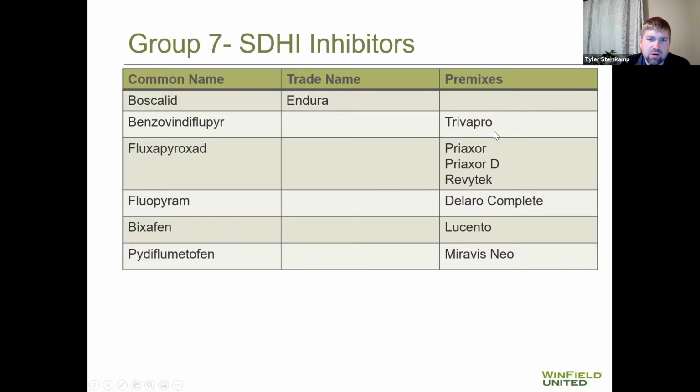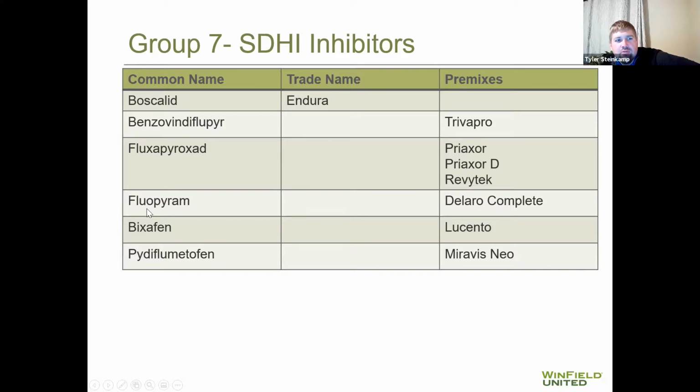You got Trivapro, Praxor, Revitec. You got Delaro Complete, Bixafen for Lucento, and then you got Miravis Neo here. You'll also notice that some of these active ingredients may be somewhat familiar to you.